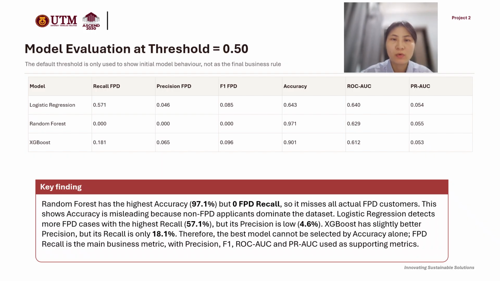Logistic regression has the highest FPD recall, but its precision is low. XGBoost has slightly higher precision, but it still misses most FPD customers. Therefore, the model cannot be selected by accuracy alone, and FPD recall is a priority metric.